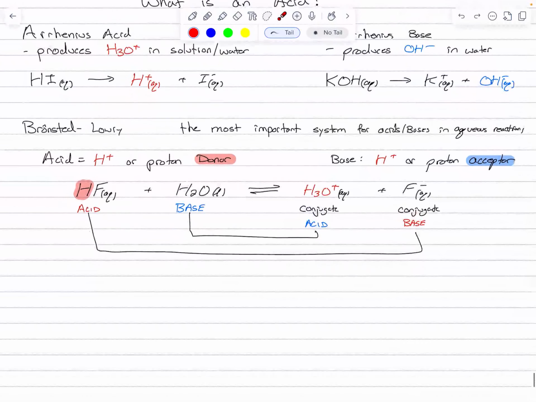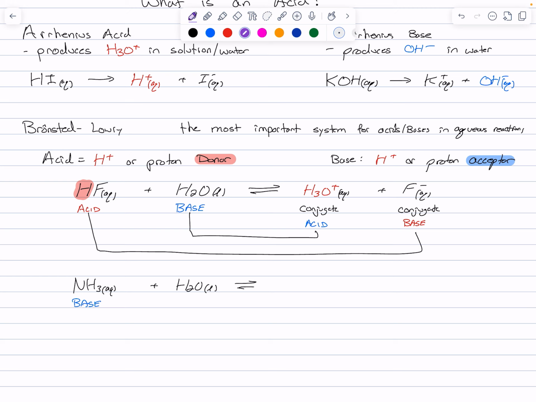Okay. Another example. You have ammonia plus water. Well, what can happen here? Well, we know ammonia would be a base. Why do we know that? And maybe I should draw the Lewis structures of these things, right?